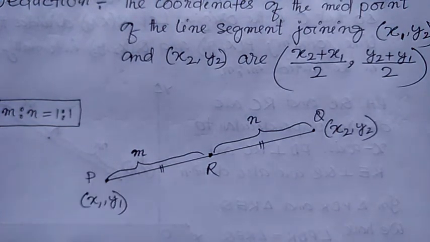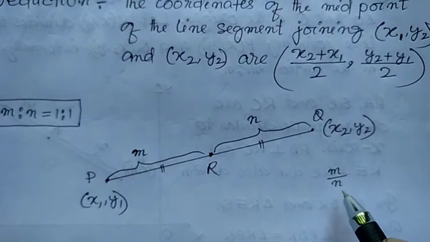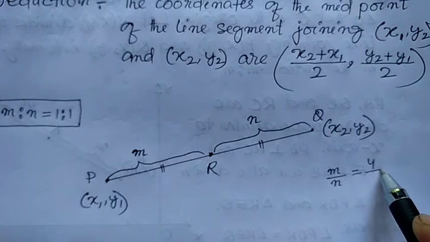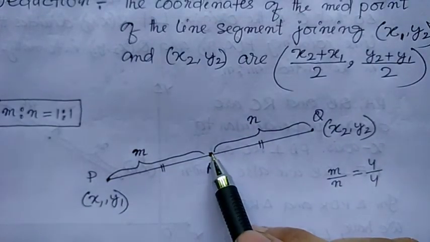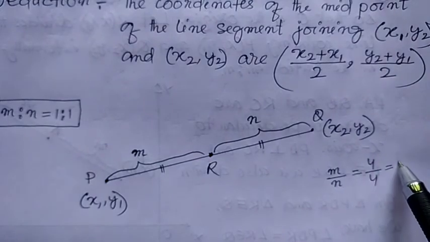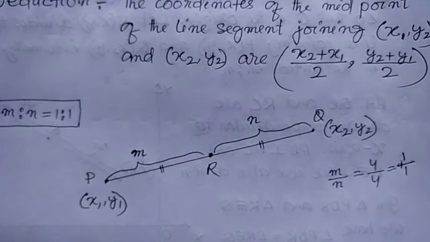You may ask why. Let's see m divided by n, the ratio m is to n. If m is 4, then n will also be 4 because R is the midpoint. If they are equal, 4 by 4 is 1 by 1, that means ratio 1:1.